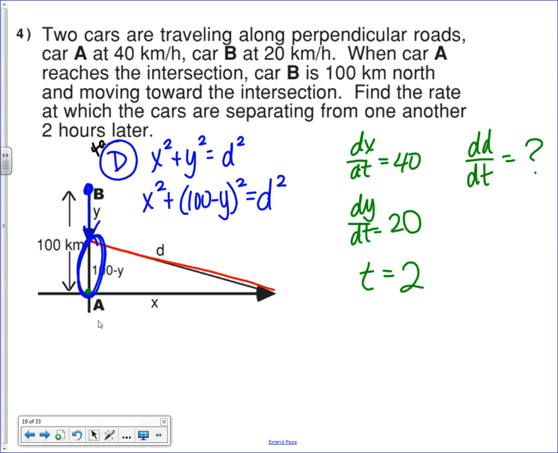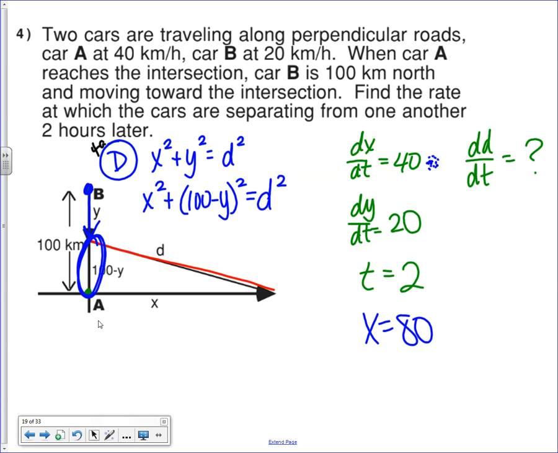Now that I have this, what do I know? I know that we're doing this for 2 hours. If I'm moving in the x direction at 40 kilometers an hour, 40 times 2 means my x is going to be 80.